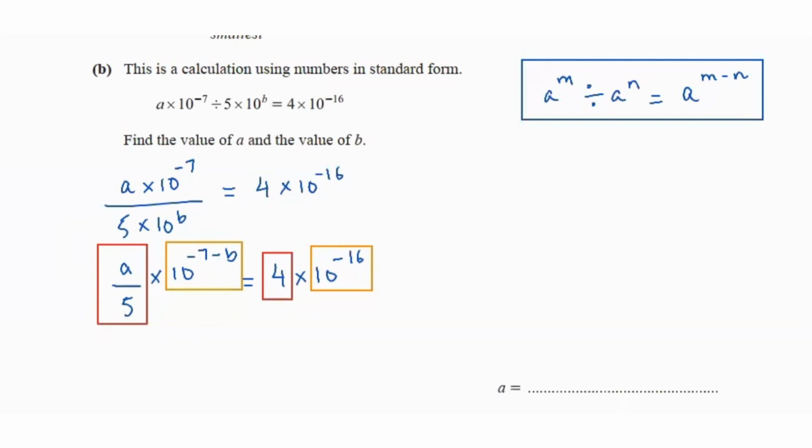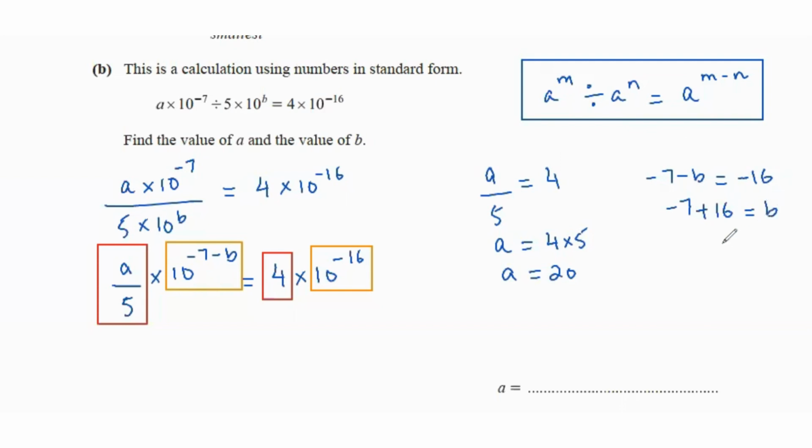So a over 5 equals 4, so a is equal to 20. And for b, we put the powers equal. So negative 7 minus b equals negative 16. Negative 7 plus 16 equals b, and that is equal to 9. So a is 20 and b is 9.